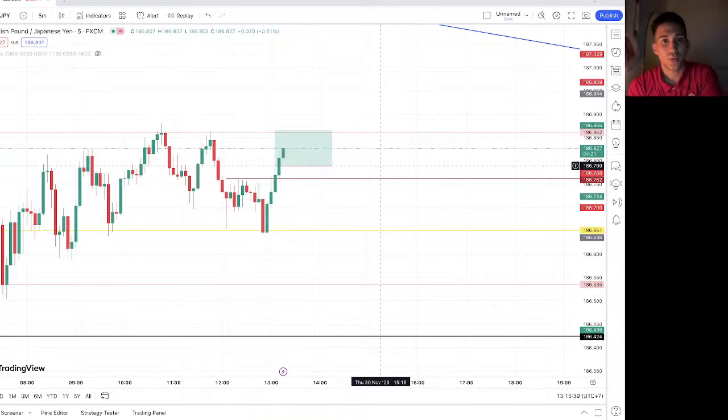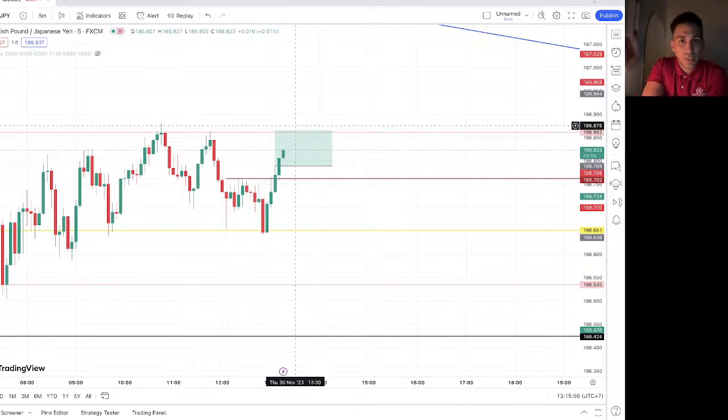There's nothing to lose. We could secure some profit, but now, since it's only 7 pips, why do we bother? We're not losing money anyway, so we might just, let me put it here.